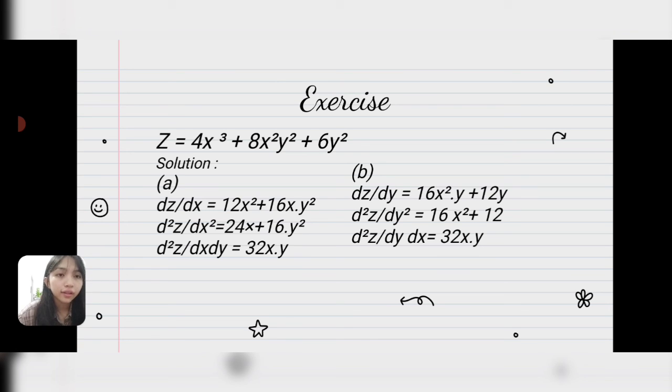Del squared z per del y with respect to del x equal to 32x multiplication y. So the result from the mixed del is going to be the same. So that's all from me.